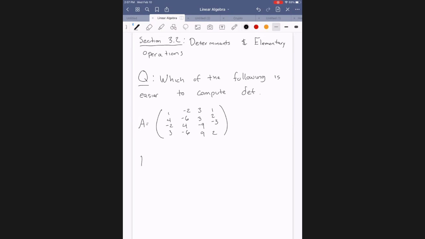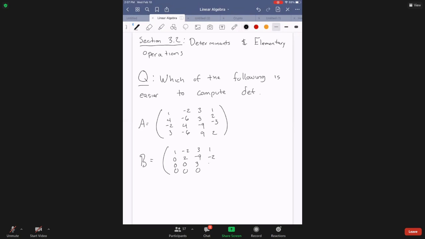And then we also have B equals 1, 0, 0, 0, -2, 2, 0, 0, 3, 9, -9, 3, 0, 1, -2, -1, -1, right?